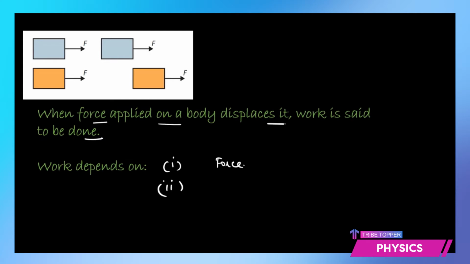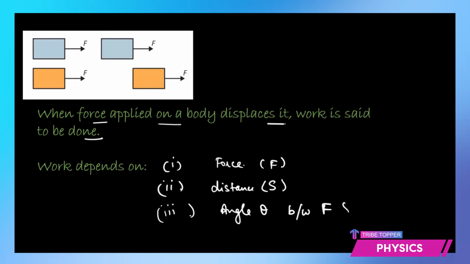Secondly, it depends on the distance moved, which we generally denote as S. Force would be F, distance or displacement would be S. And thirdly, it also depends on the angle at which the force is applied with respect to the displacement. So that's an angle theta between F and S.